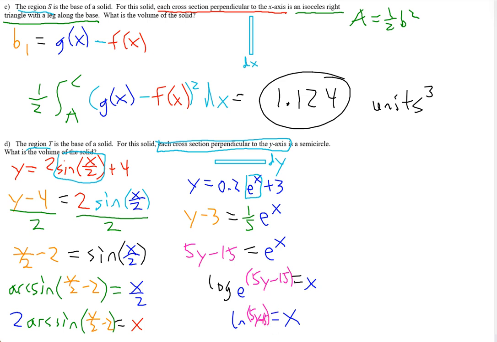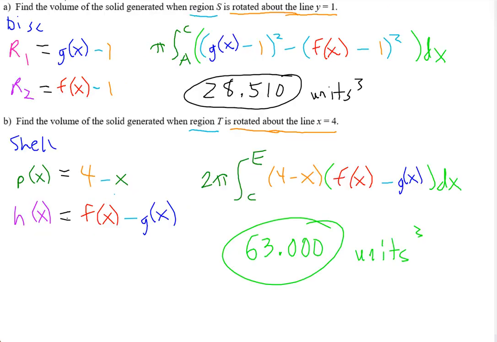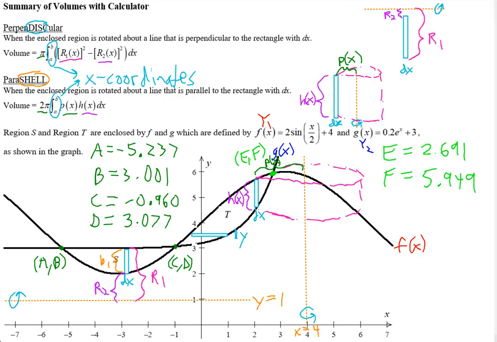All right, so then to get the base, our base for this one, you want a horizontal distance, just like we did for p of x here, which would be the right minus the left. So the one on the right, notice, comes from g of x. That's the second one we found.